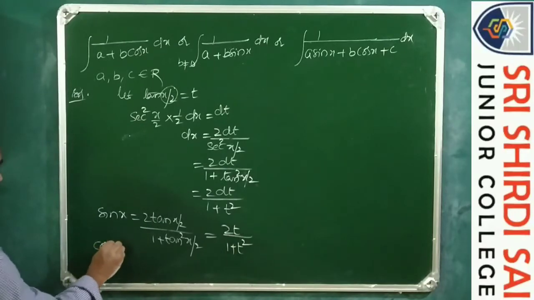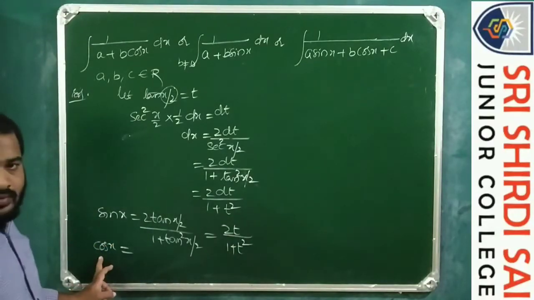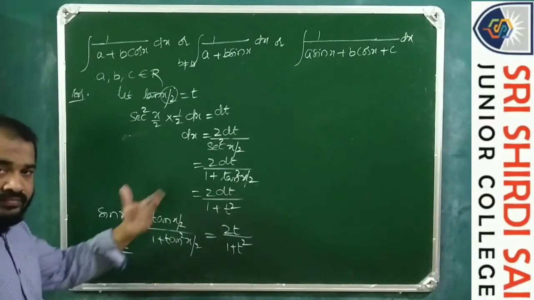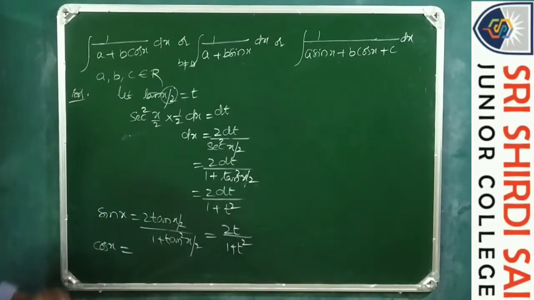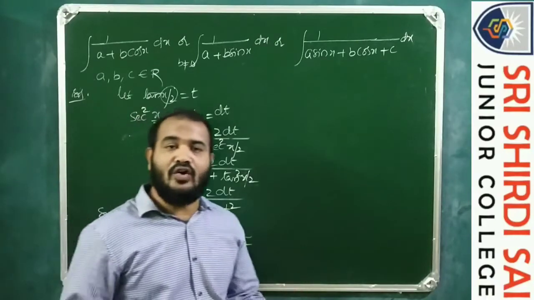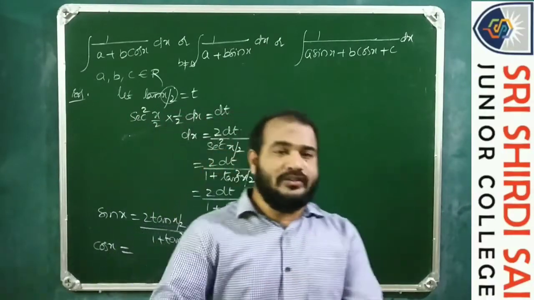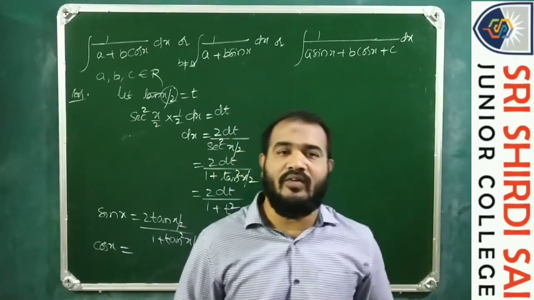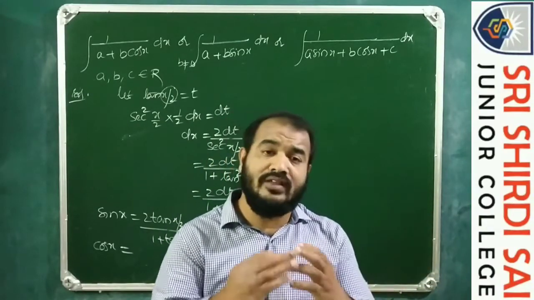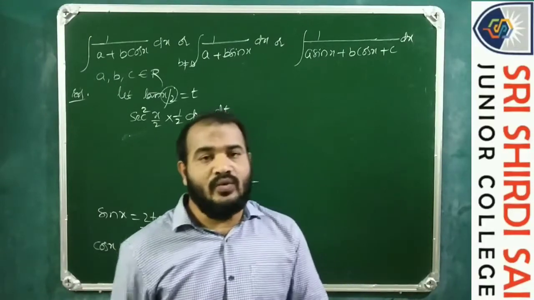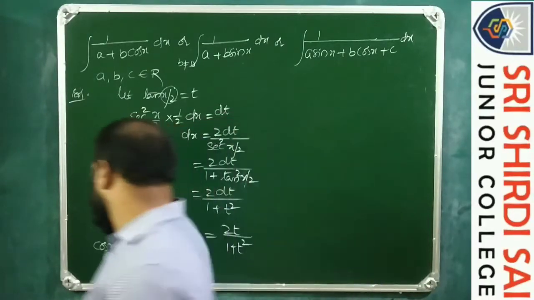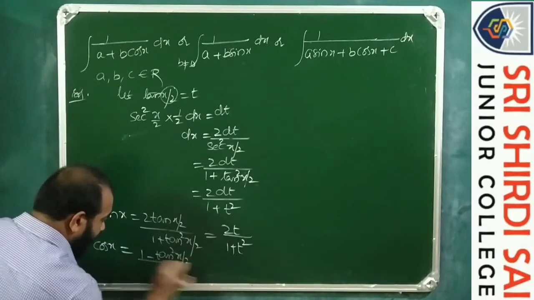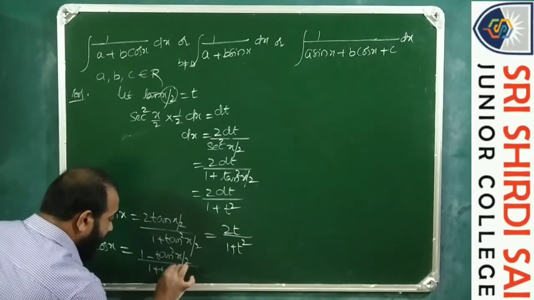And cos x also we know from trigonometric multiple and submultiple angles in the first year. So cos 2x has many formulae: cos square x minus sin square x, 2 cos square x minus 1, 1 minus 2 sin square x, and 1 minus tan square x by 1 plus tan square x. Then what is cos x? 1 minus tan square x by 2 by 1 plus tan square x by 2.